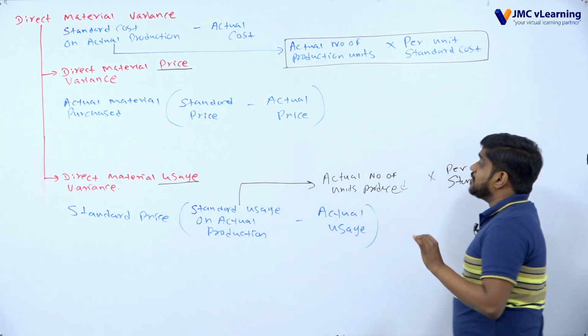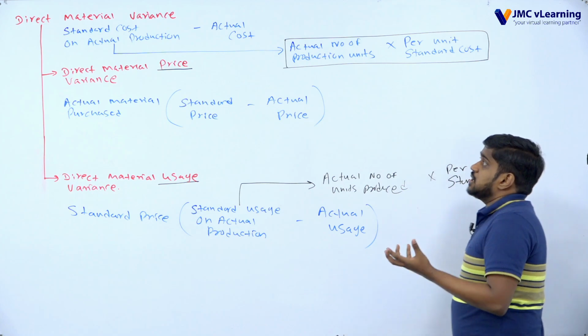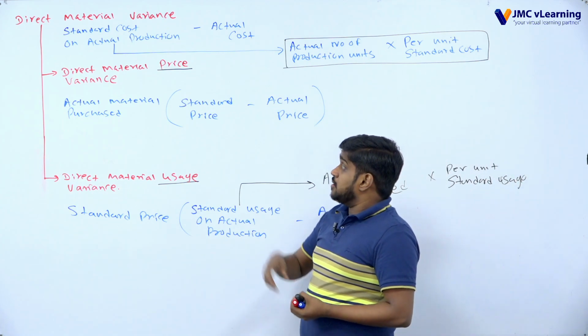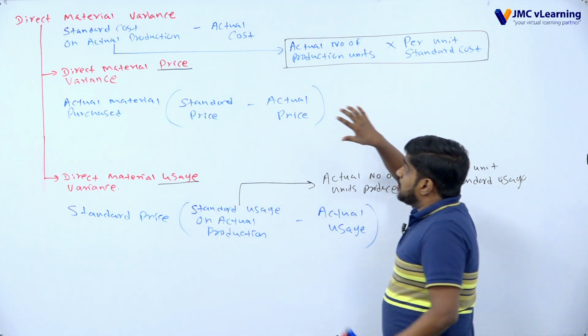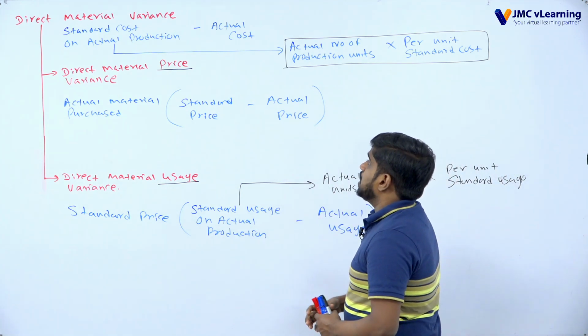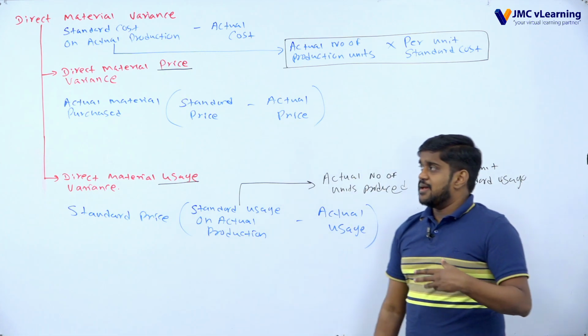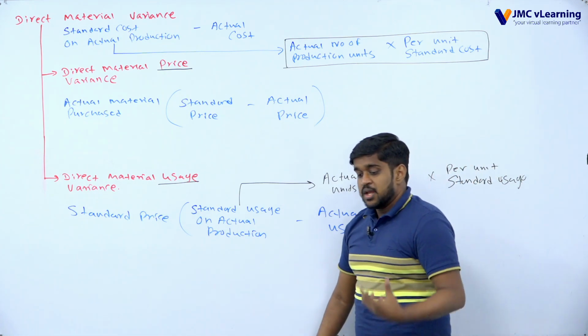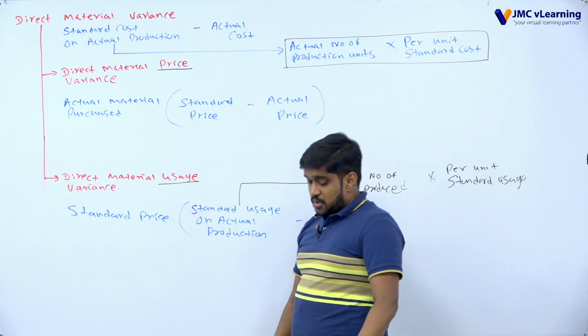Okay, I hope you realize how we can calculate these variances. Most importantly, you should keep these formulas in mind. If you understand the rationale behind them, you can definitely remember them.